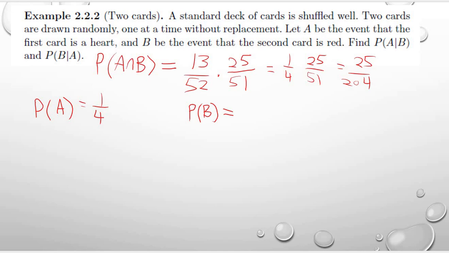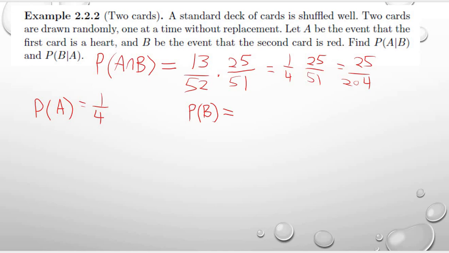So when I'm asking about the second card here, I need to make sure I'm not assuming that the first card was red. So basically, I don't know anything about the first card. Maybe I drew it and then hid it somewhere without looking at it, and then I've got 51 cards left, but I don't know whether I'm a little bit short on red cards or I have got a slight excess of red cards after that first draw, or slight majority.